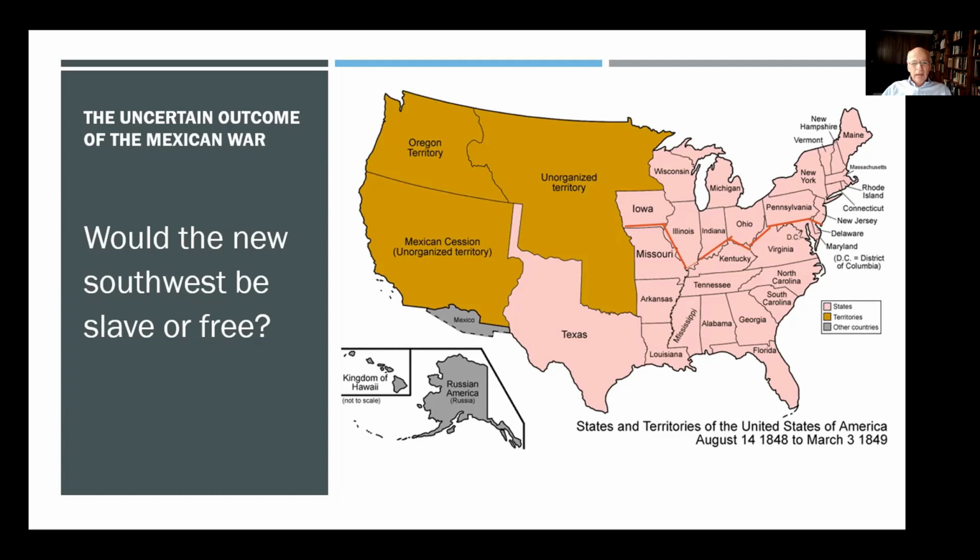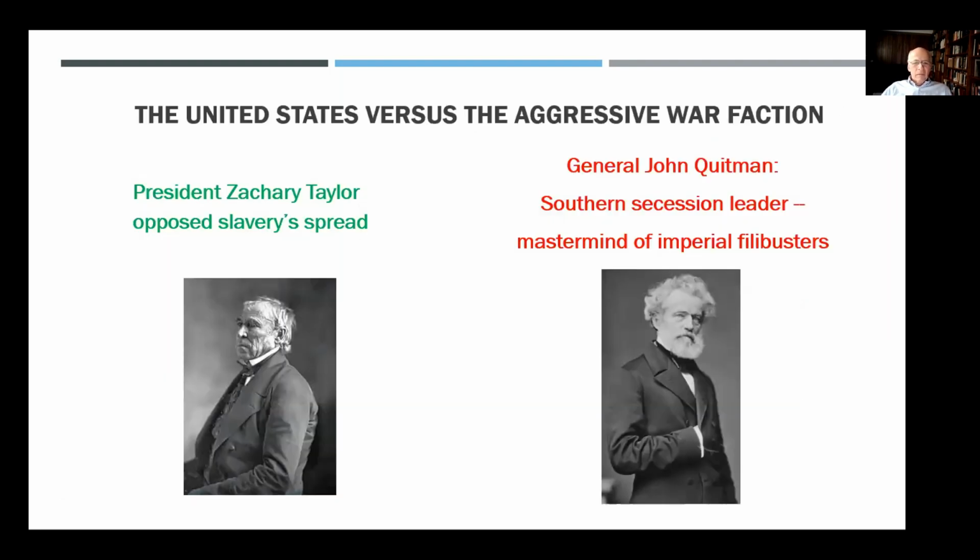Mexico didn't agree with that. And there was a territory out to the Pacific, and really above that the problem was, was this going to be slave or free? This is the great crisis shaping up in the United States. Next slide.